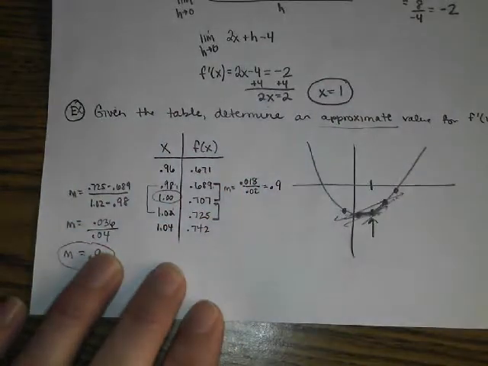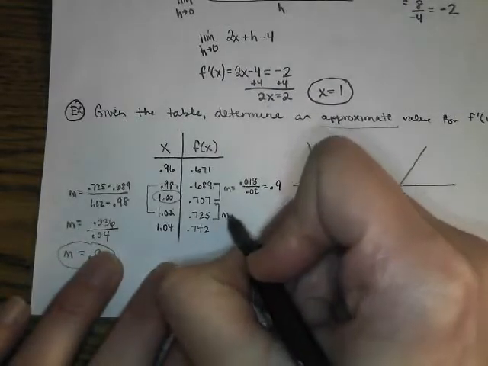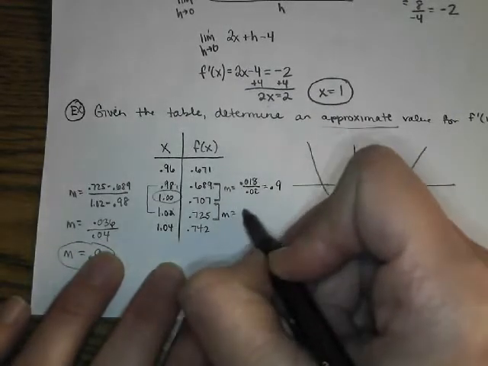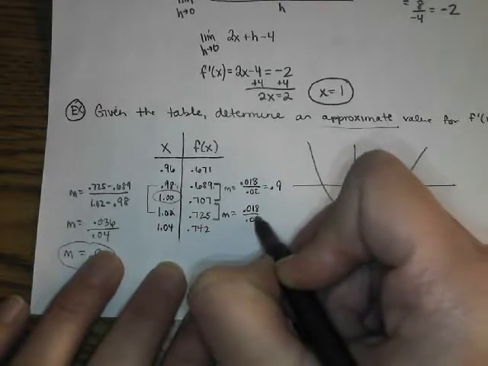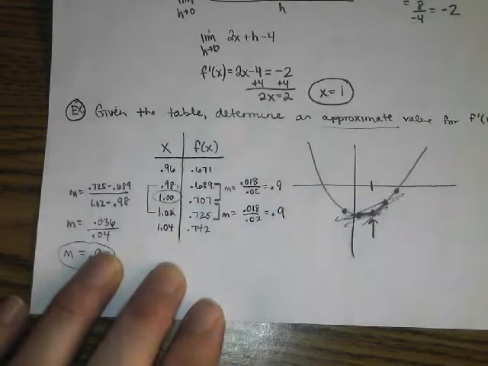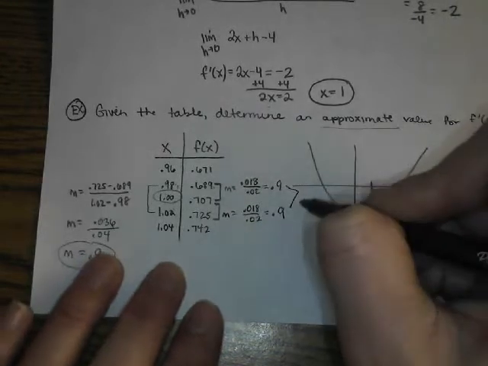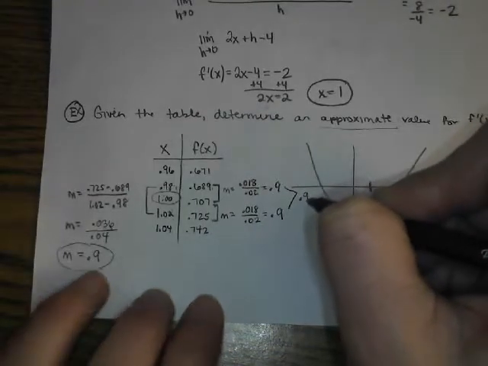And the slope after the fact actually also ends up being 0.018 divided by 0.02 equals 0.9. And averaging those 2 would give you 0.9. So either way you do it in this case, it's the same.